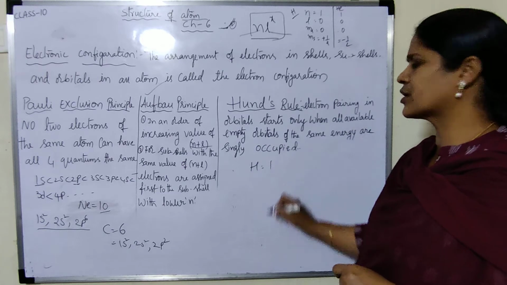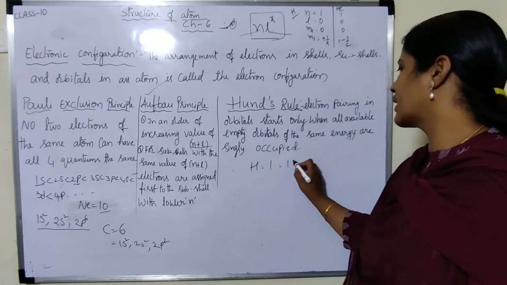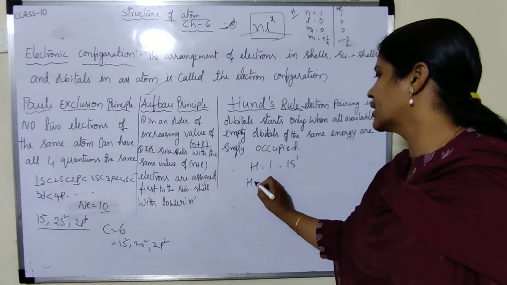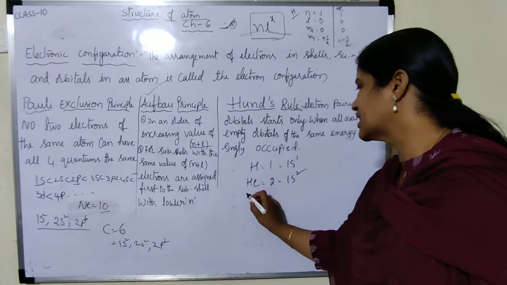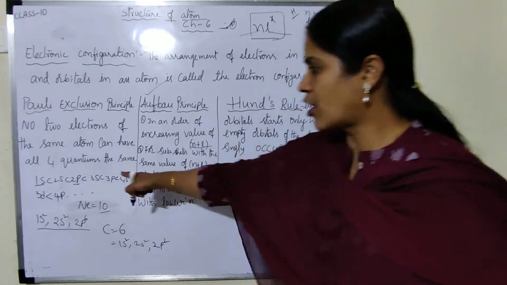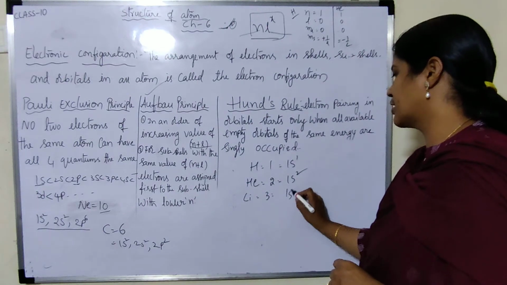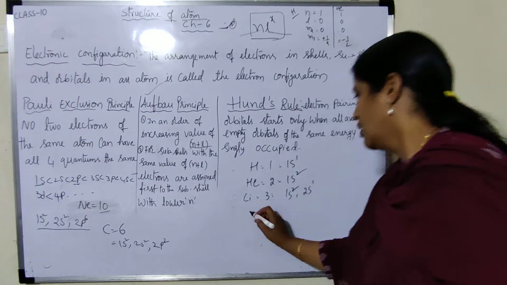What is the atomic number? 1, which means it has only one electron. So how to write? 1s1. Helium is 2, so 1s2. Hydrogen, helium, lithium. Lithium has 3 electrons. First we have to fill 1s2 and 2s1.